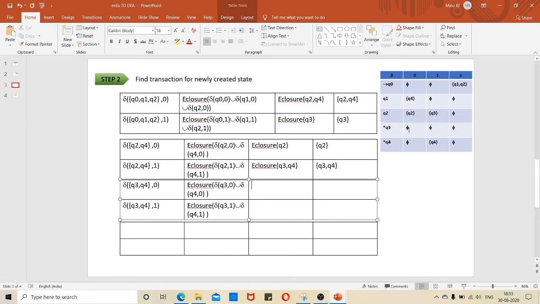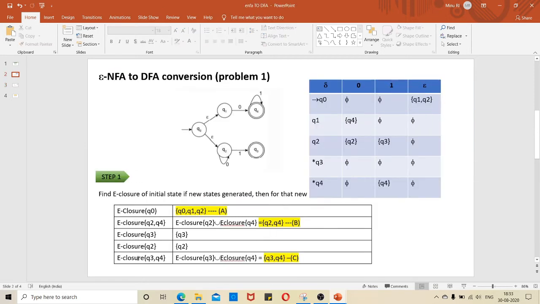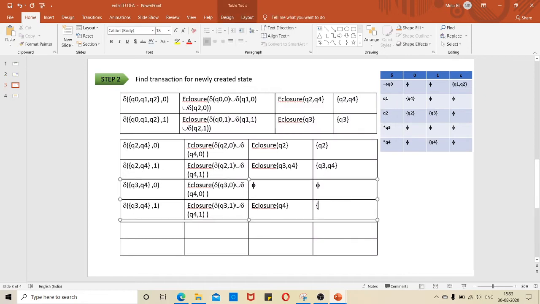And Q3, Q4 with respect to 1 is going to be Q4. So epsilon closure of Q4 is simply Q4.